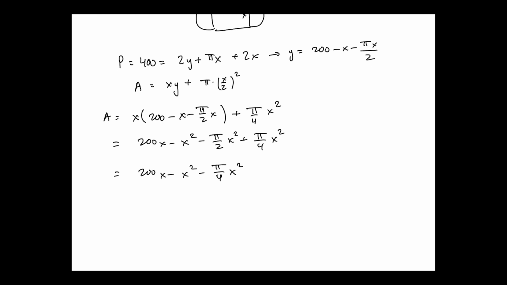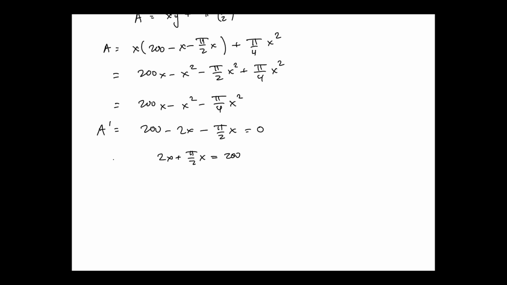Now if we take a derivative, then we get this. And if we set that equal to 0 and solve, then we'd have 2x plus pi over 2 x equals 200.